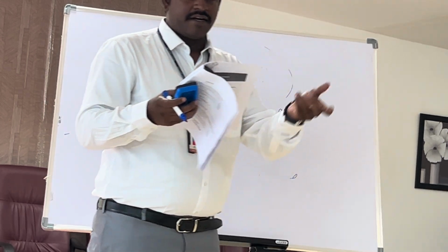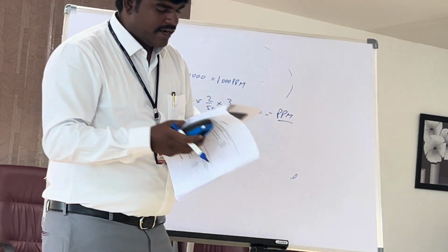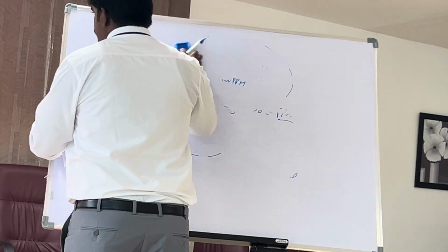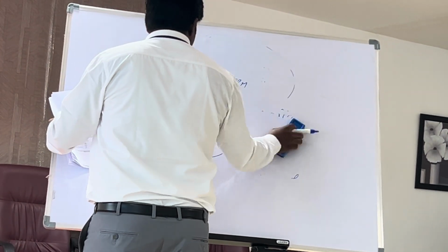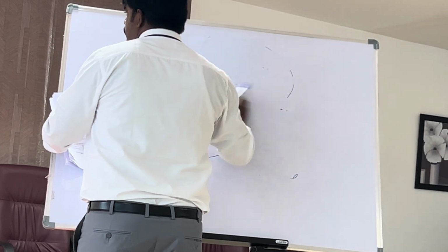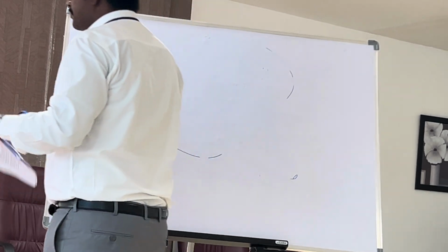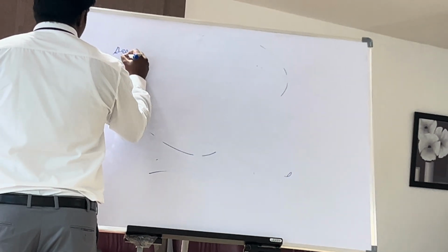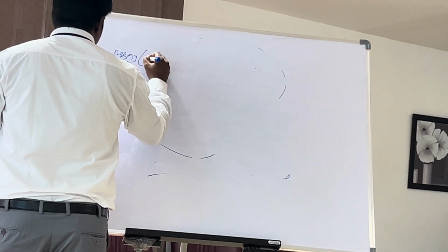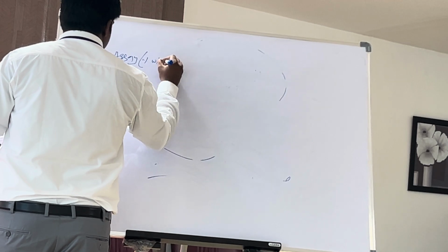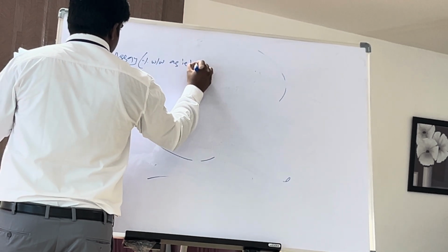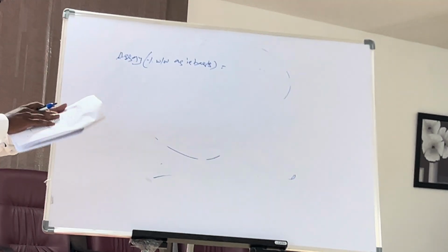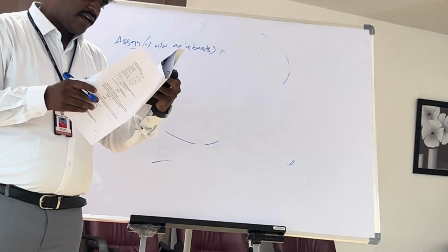If it is a manual calculation, how do we calculate the assay? So if it is a manual calculation, what exactly are we getting?